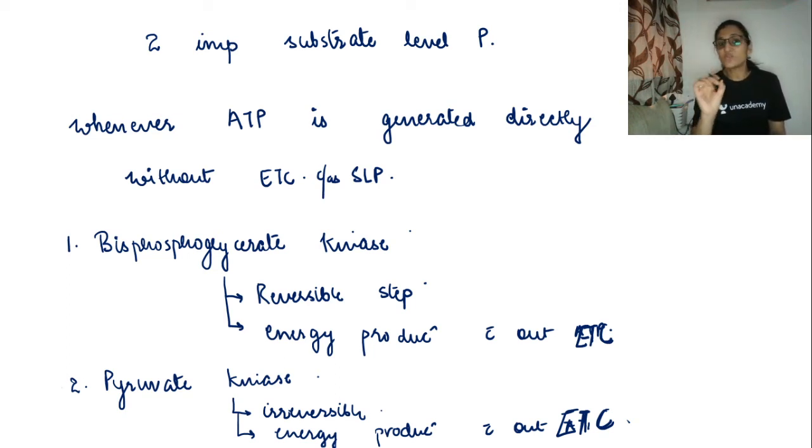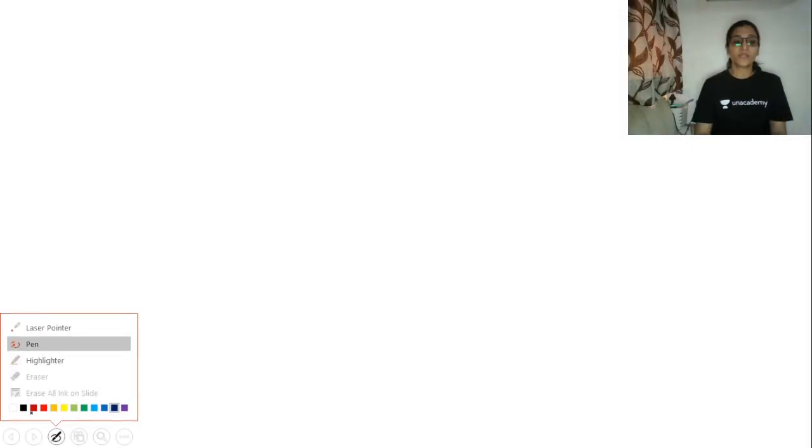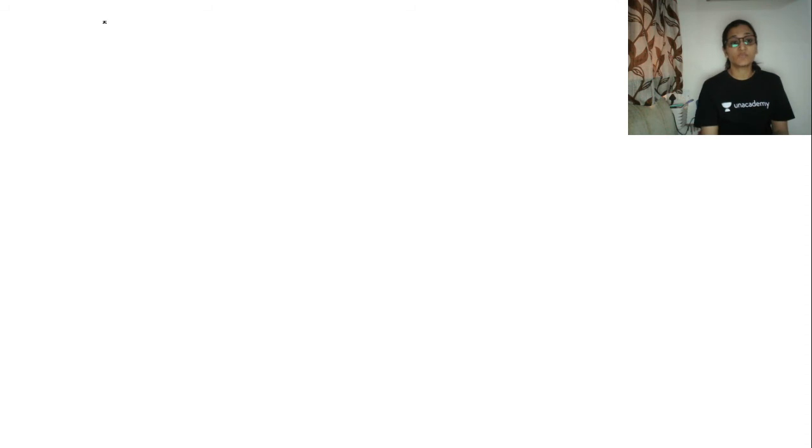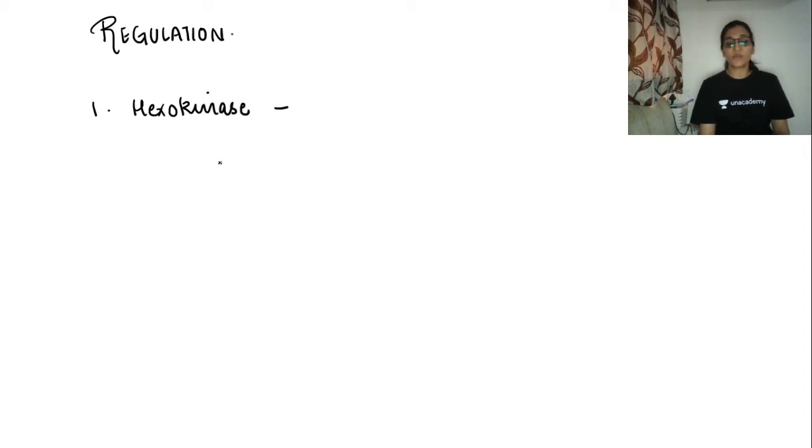Then we also need to know the regulation of glycolysis. Without regulation, nothing is complete. So how is it regulated? It is regulated at two places. First is the hexokinase step or glucokinase step. How is it regulated over here?